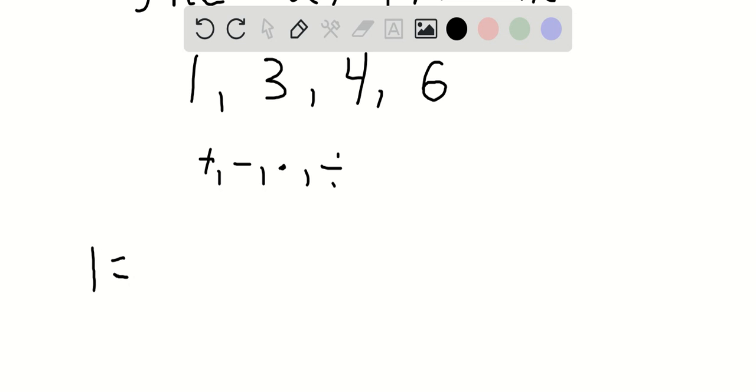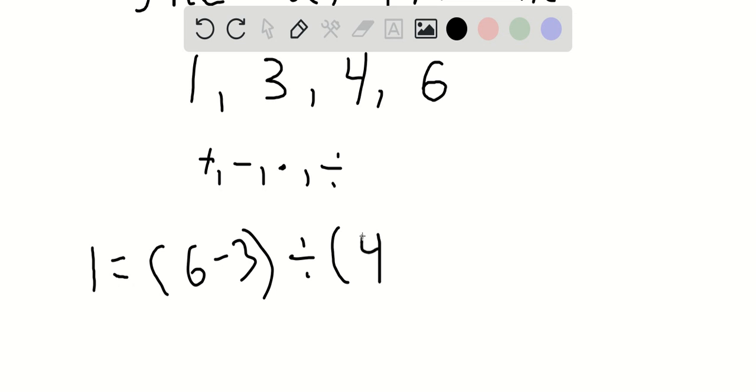The difference of 6 and 3 is 3, and 4 minus 1 is also 3. So if we create the expression 6 minus 3 divided by 4 minus 1, that would use all of our numbers. And then we just have 3 divided by 3, which indeed is equal to 1.